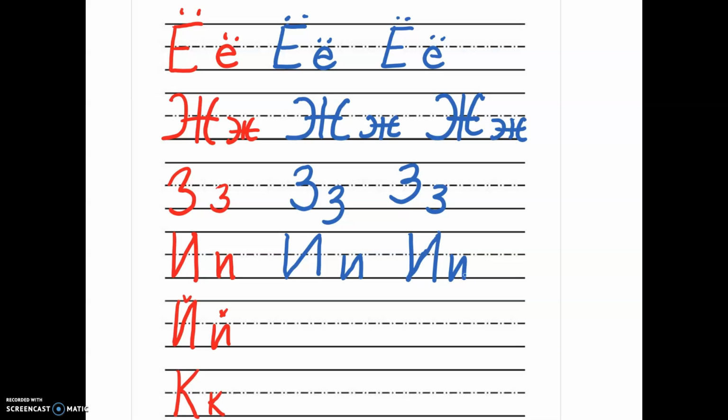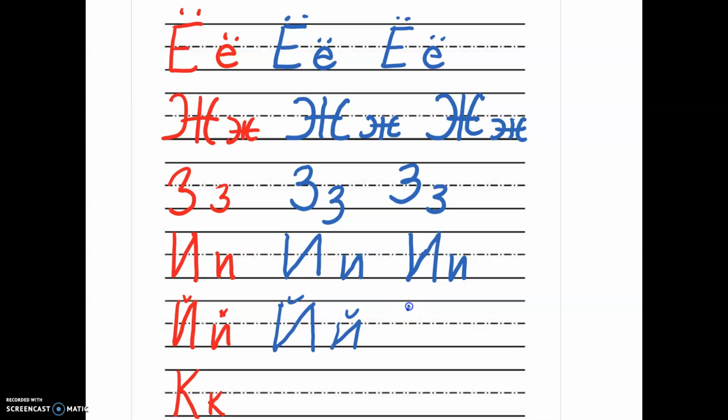The same thing is true with our I kratkoje, except you need the little dip up top. So watch, down, up, down, down, up, down. You want to make sure that that dip does not look like this. Okay, that is an accent mark. We don't want that here because we'll be using that to show you where to emphasize your intonation.